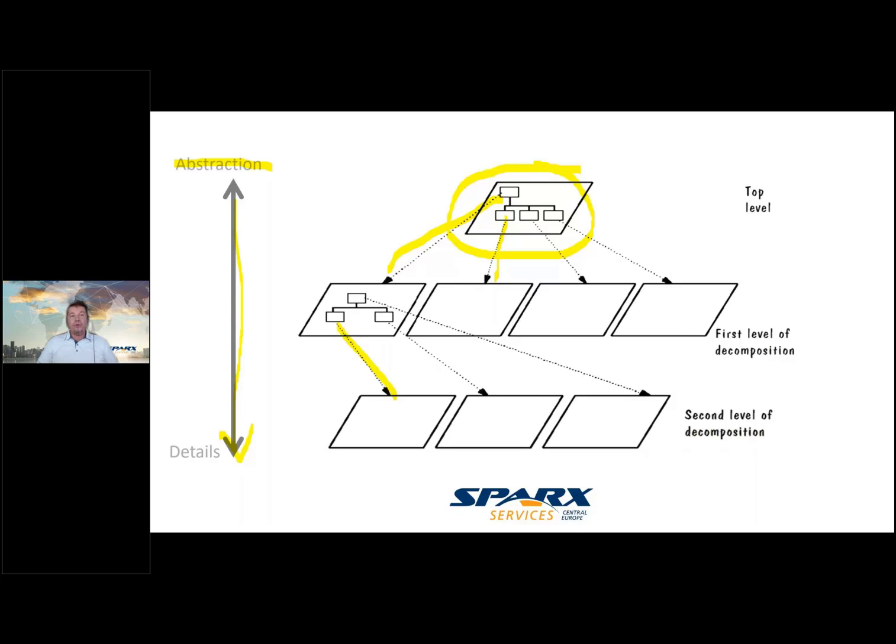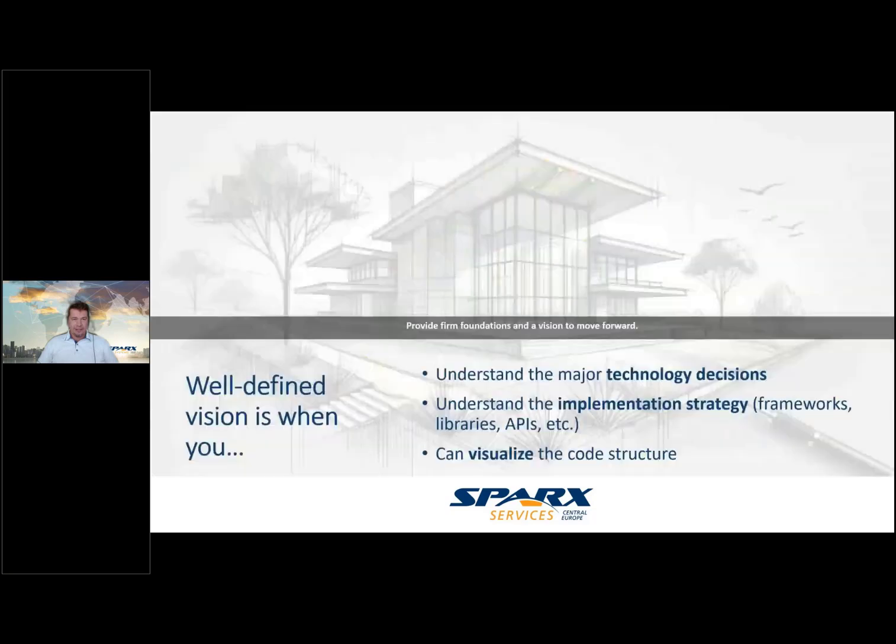There is something more to architecture description, and that is that you need to understand the technology decisions. Some people just draw boxes, not even touching each other, not even mentioning any technology, how these two blocks will communicate with each other through which protocol, or what technology this is going to be developed with.